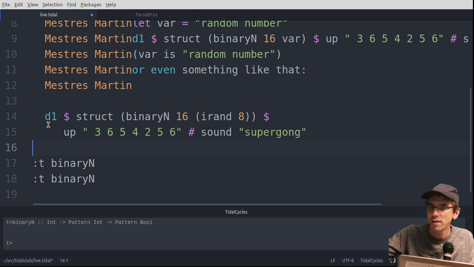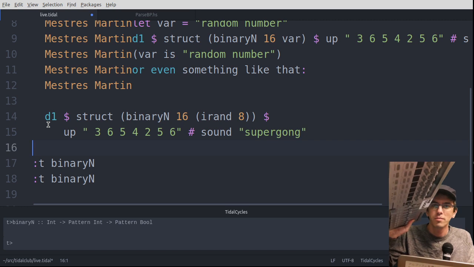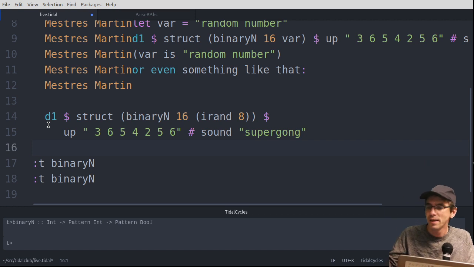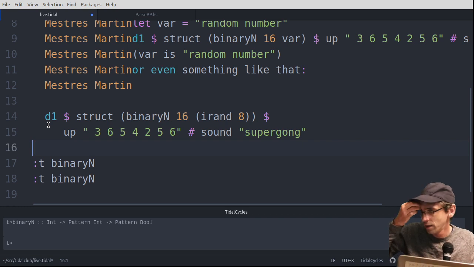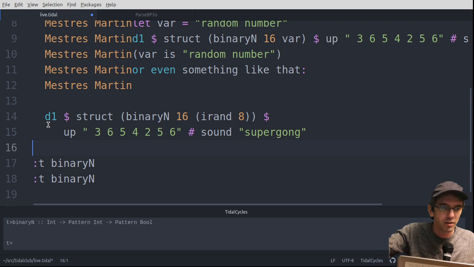I do have a MIDI device that I use sometimes when I'm playing live. It is possible to control Tidal with MIDI to some extent. What I use it for is just changing parameters.